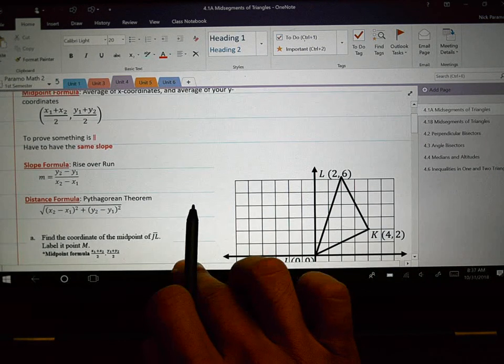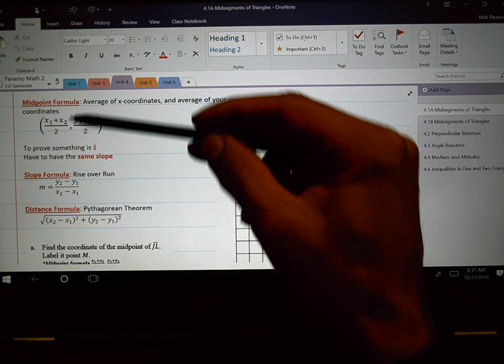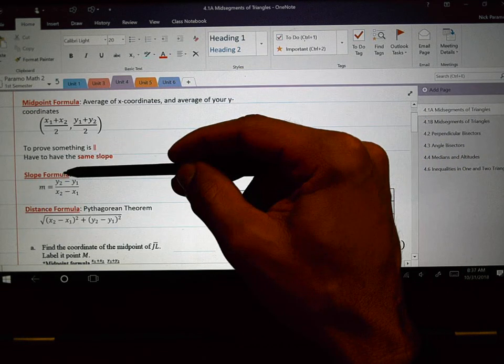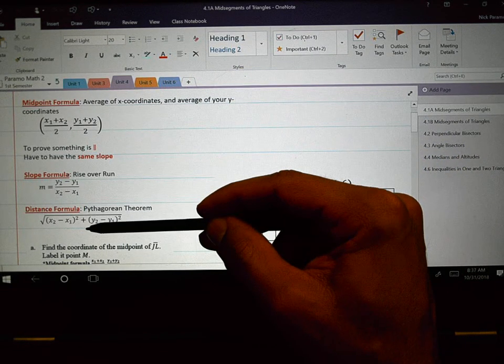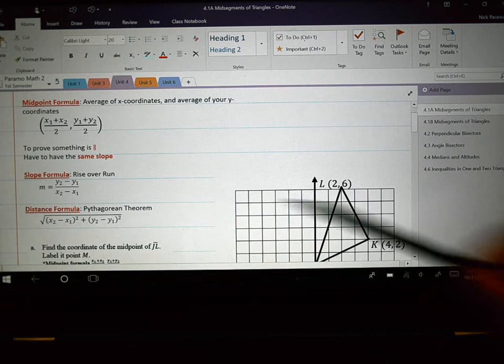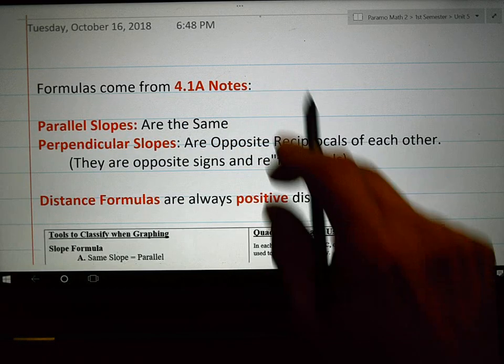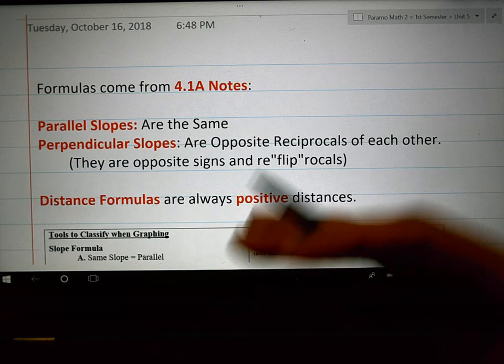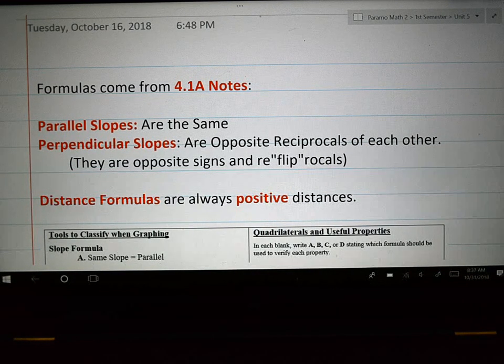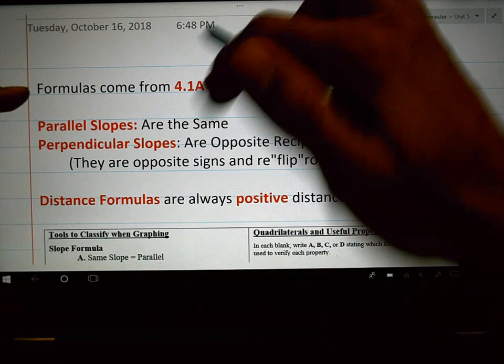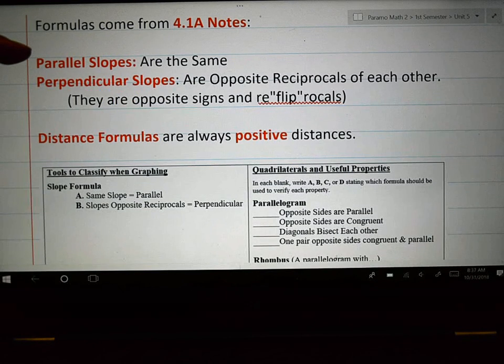And what you will see are three formulas: a midpoint formula, a slope formula, and a distance formula. The good thing for you is I have those memorized, so I don't need to look at them, but maybe you do. So you might want to look back at that because it's going to be handy while you are doing this worksheet. We'll write them down, as a matter of fact.